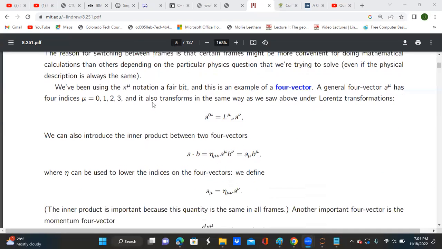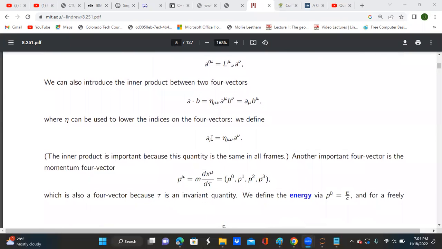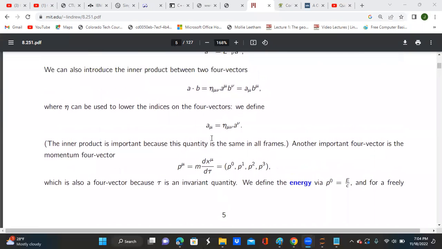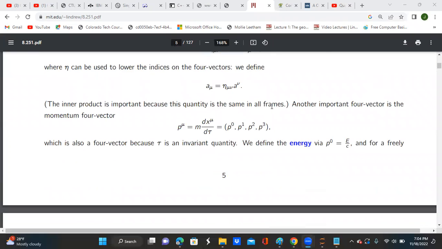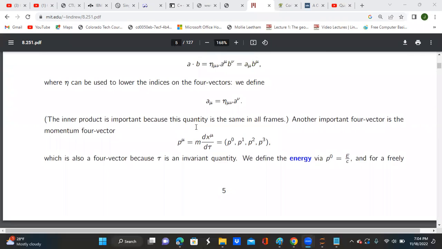We also like to introduce the inner product between two four-vectors. A dot B equals η_μν A^μ B^ν, which equals A_μ B^μ. This is indicating a dot product between vectors, where η can be used to lower indices on the four-vectors.